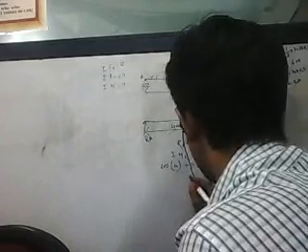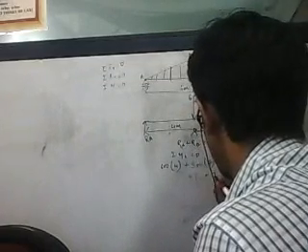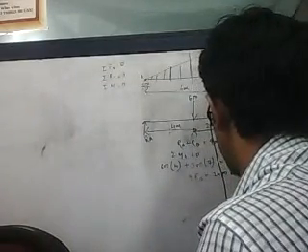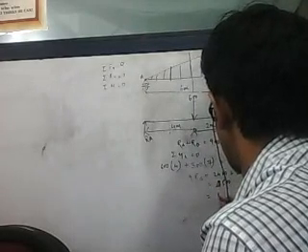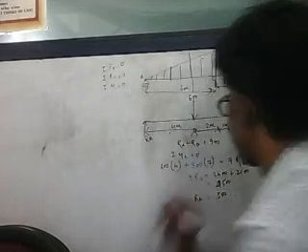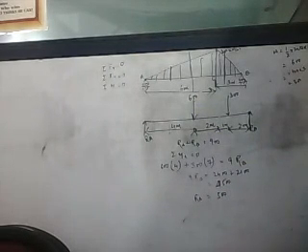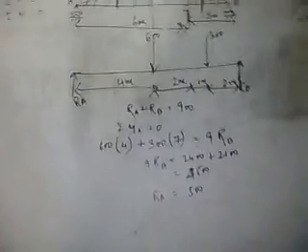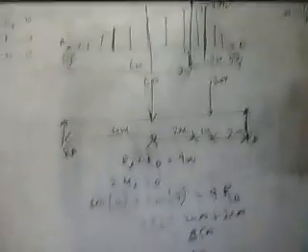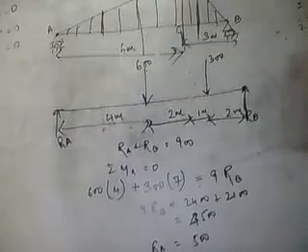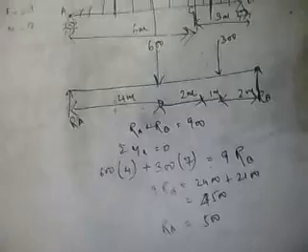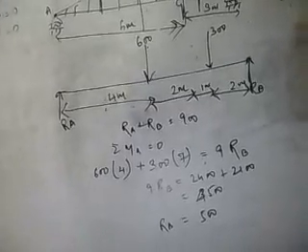And right now 9 RB equal to 2400 plus 2100, means 4500, means RB equal to 500. Clear to you? So RB is 500. That simply means RA equal to 400.